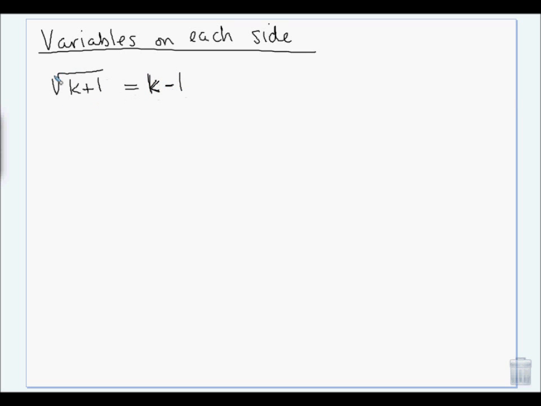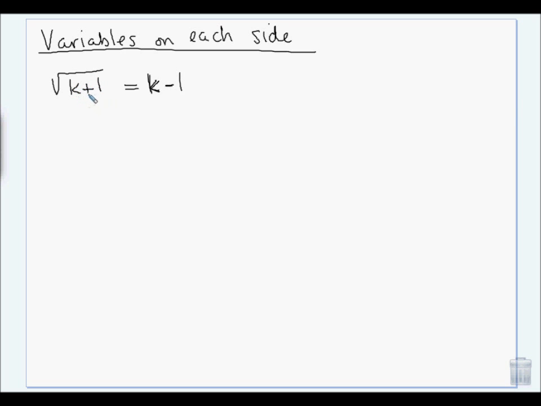If I'm taking the square root of something, it has to be positive, right? So what we need to know is that this cannot be a negative number.